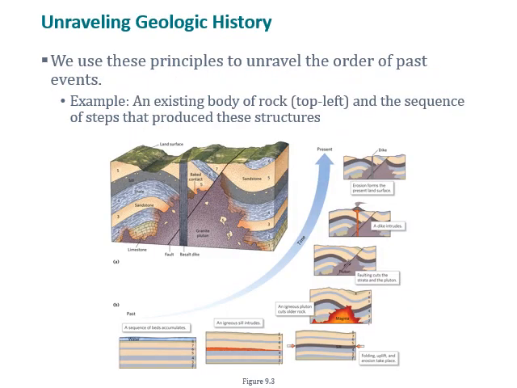So we use these 5 principles based on the concept of uniformitarianism to unravel the order of past geologic events. One common thought problem for introductory geology students is to take a cross-section of geologic materials and determine the order or sequence of events that have occurred using these principles of superposition, cross-cutting relationships, etc. So in the figure below, we have sedimentary units that have been deposited.